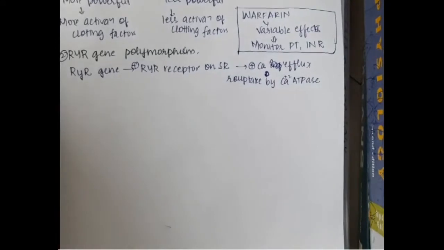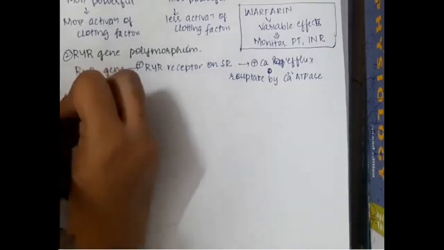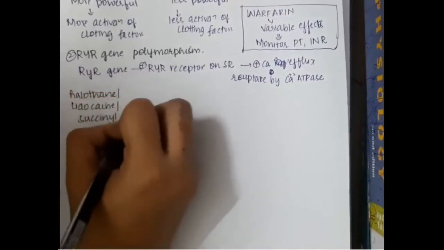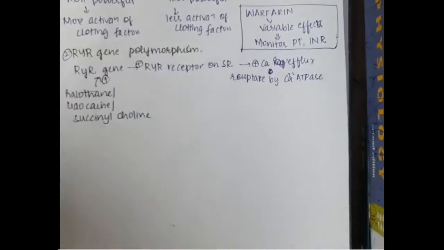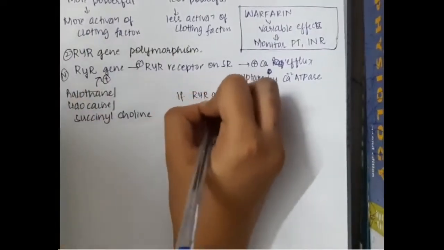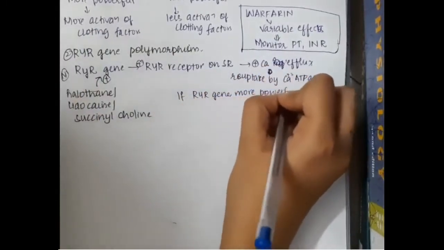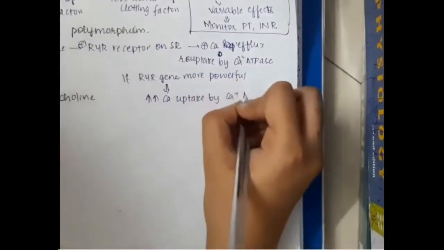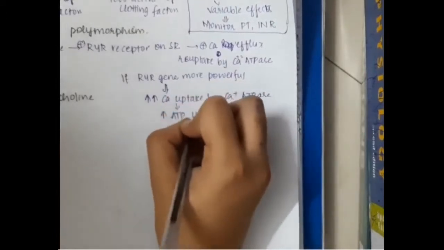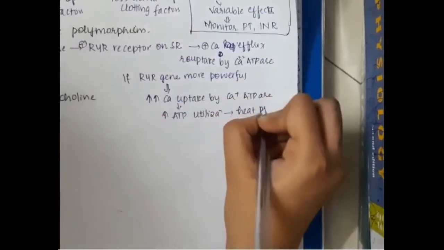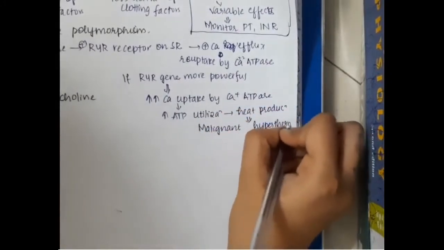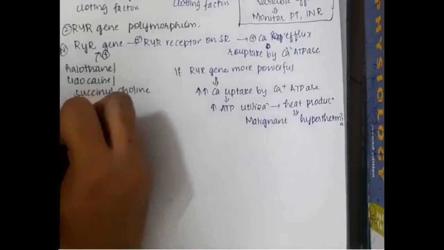Drugs like halothane, lidocaine and succinylcholine activate these ryanodine receptors. If the ryanodine gene is more powerful, there is more uptake of calcium by calcium ATPase, so there is increased utilization of ATP, which causes heat production, and this property is seen in malignant hyperthermia.